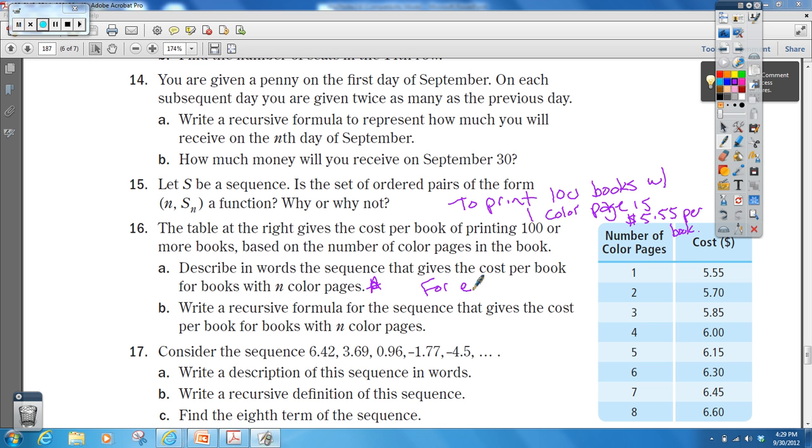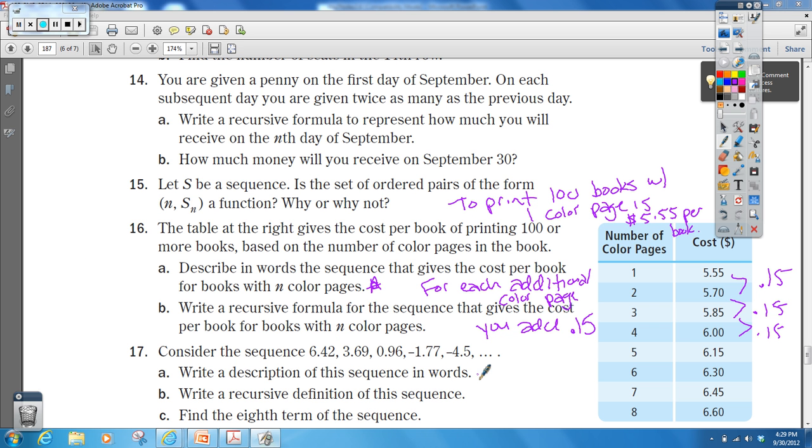For each additional color page, you add how much? 55 to 70, 65, 70 cents. Sounds like 15 cents to me. Does that trend continue? Yes, it does. You add 15 cents, or you could say 15 cents per color page. But you needed to give them that starting point. Where are we starting at? What's that initial cost before you get the recursive rule?